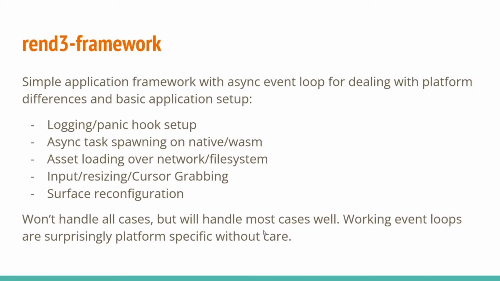So it won't handle all cases, but it will handle the majority of people's cases when they're not doing anything terribly complicated with their event loop. And of course, you'll still have access to all the events, so you can implement custom behavior on top of that. So WASM and Android are two notable things that are just tricky.